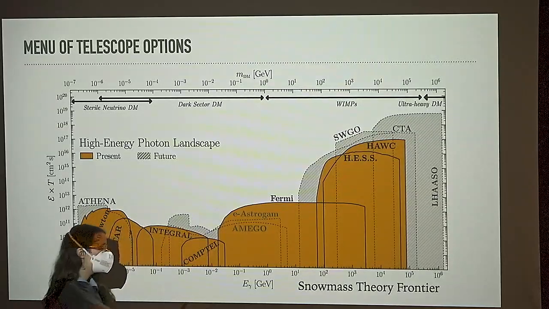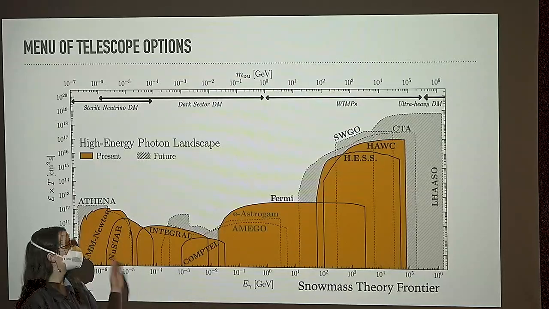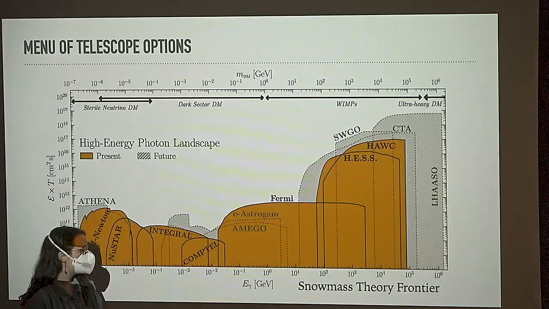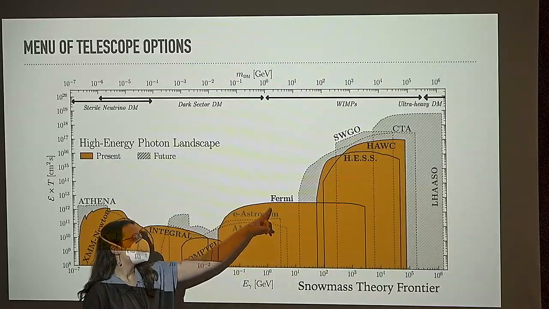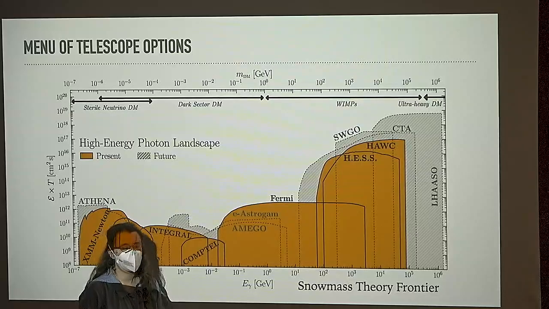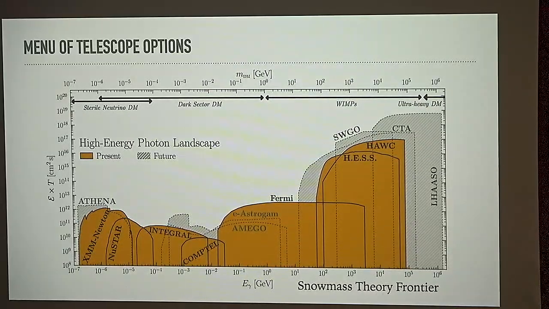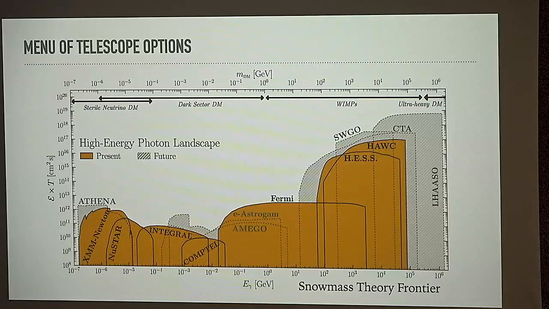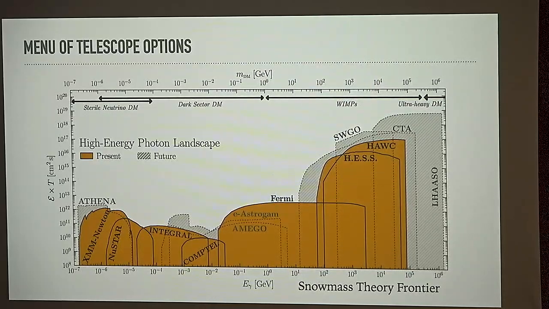So you go to this nice theory frontier paper, which I think has this really nice summary plot, and you say, okay, maybe the peak of my spectrum is somewhere here, and oh look, Fermi looks like it's the best telescope in that energy range, so I'm going to use Fermi. Okay? So it just depends on what your spectrum is. Okay, so that's all I'm going to say about the spectrum and the telescope choice.